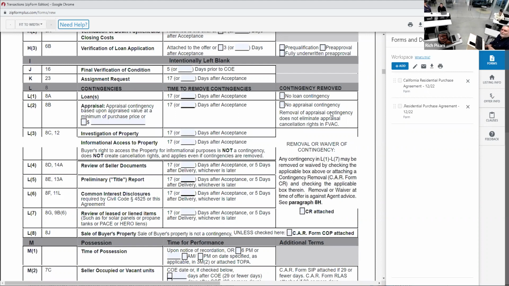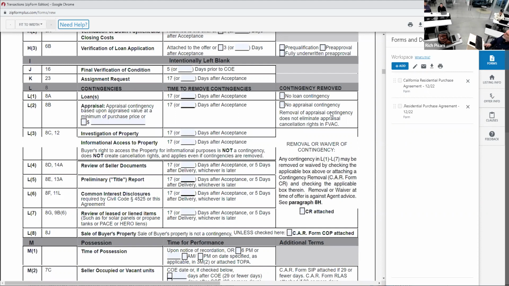Review of leased or liened items: solar panels sometimes are leased, water softeners, stuff like that. Anything that's leased, then you've got 17 days to look at it. Sale of buyer's property.